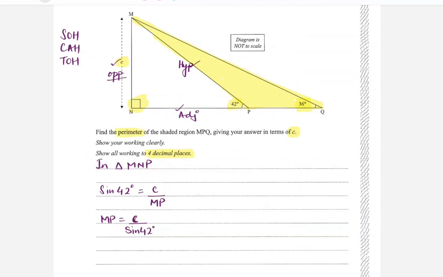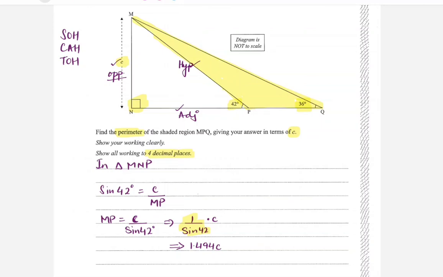To simplify, it's 1 over sine 42 times C. When you put that into the calculator, you should be able to get the answer, which is 1.494 C, right?